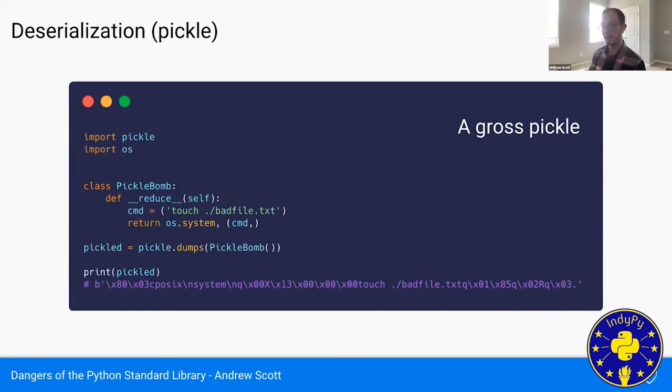So pickle.dumps, pickling that pickle bomb. And then I'm just going to print out the raw pickle here for everyone to see what that looks like. We can see that it's a bunch of hex in there. You can actually see here the touch bad_file.txt. So in this case, we could tell something's going on in this pickle, but in an actual real world instance, either this pickle would be much larger, so it would not be quite as easy to pick these things out, or if you were actually going to execute an attack like that, you'd probably do some sort of obfuscation.